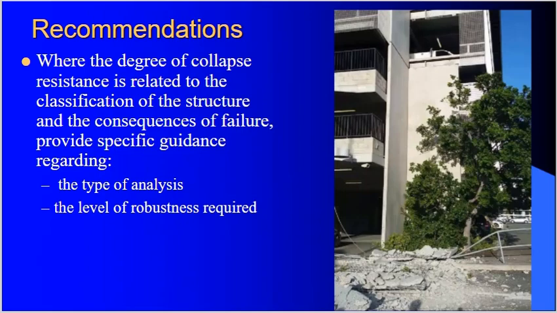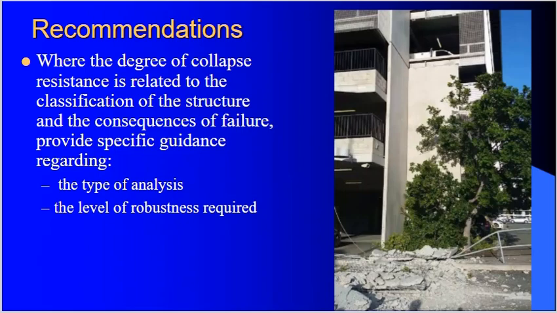And we should also consider where the degree of collapse is related to the classification of the structure and the consequences of failure. There should be specific guidance regarding the type of analysis and the level of robustness required. And this particularly applies to things like parking structures, which are typically designed to lower standards than structures which are occupied all the time.